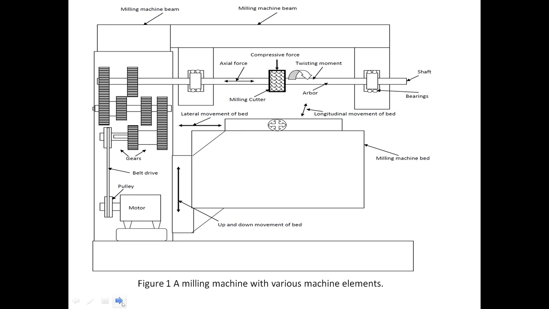The bearings include a roller bearing and a thrust bearing, so that axial force can be withstood. At the center of the shaft, the tool is fixed. The power is provided to the shaft through the gears, and the shear force exerted on the workpiece removes the material, which is shown in the diagram.